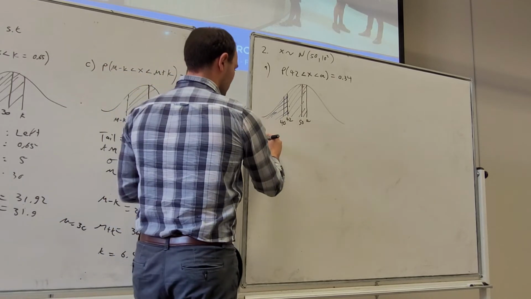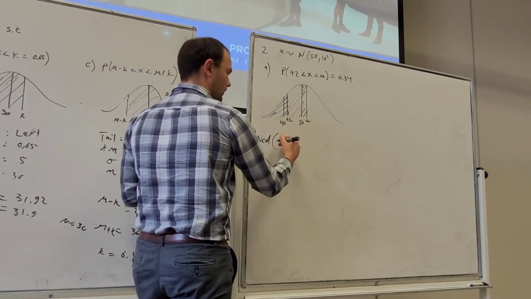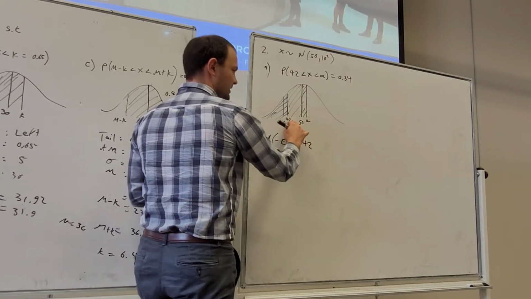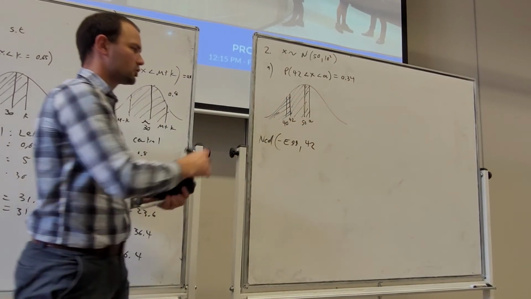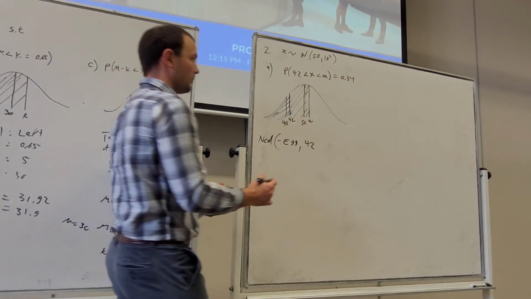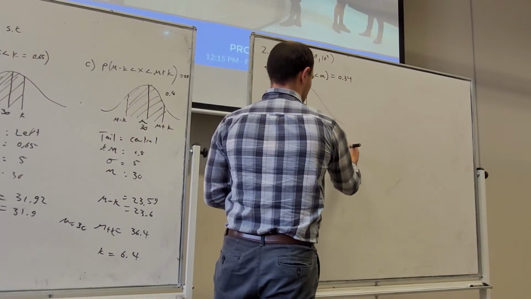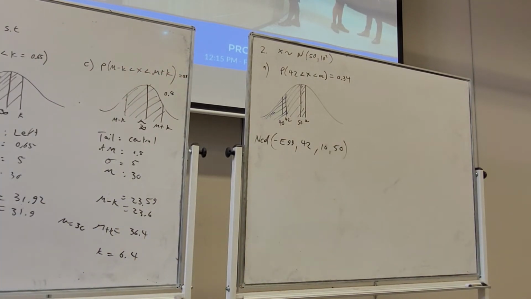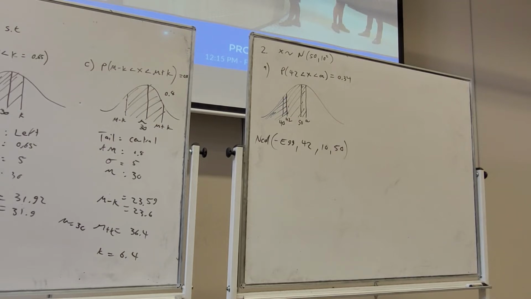So I want to know, what's the probability of the event being between minus infinity and 42? I'm calculating the shaded blue region. And we've got a standard deviation of 10 and a mean of 50. So I need to calculate that first. It's a normal calculation.